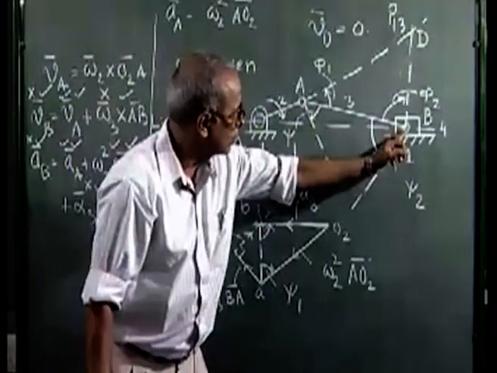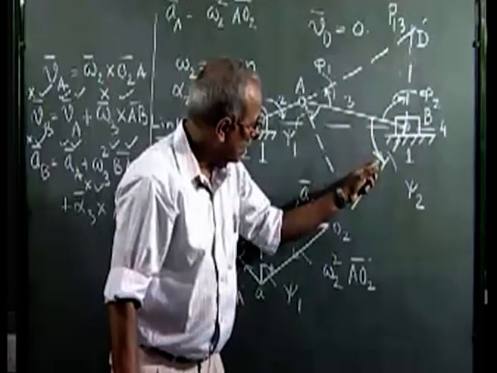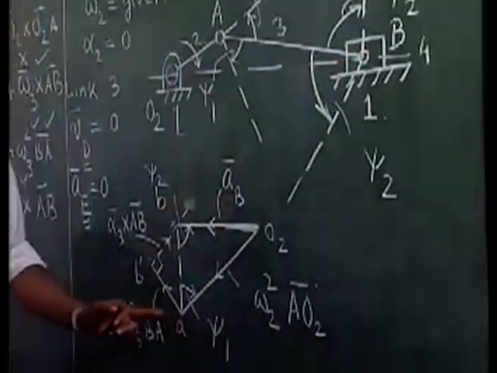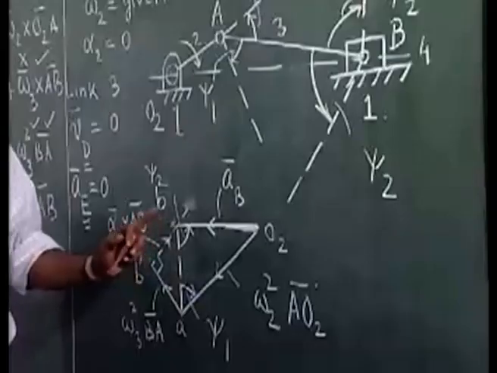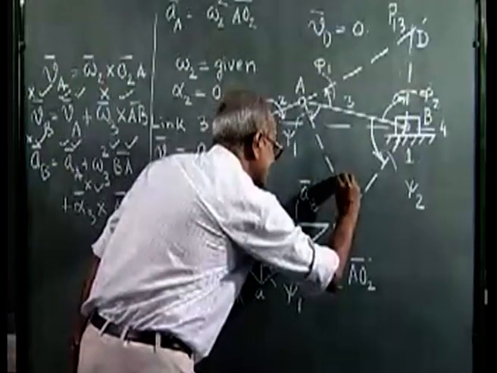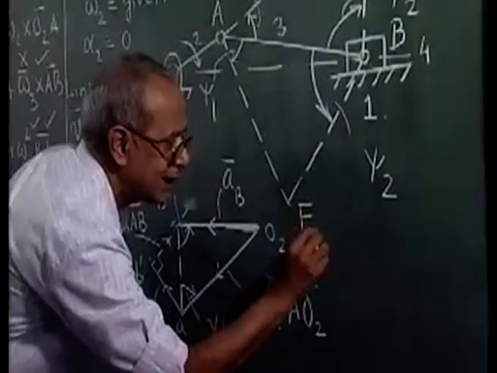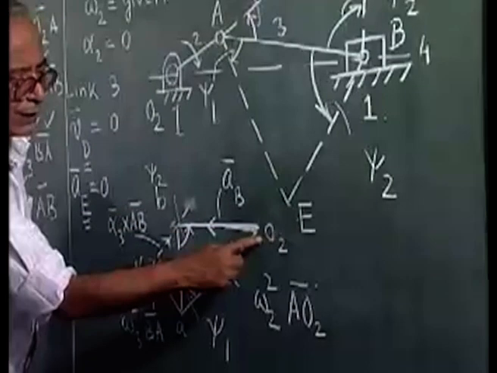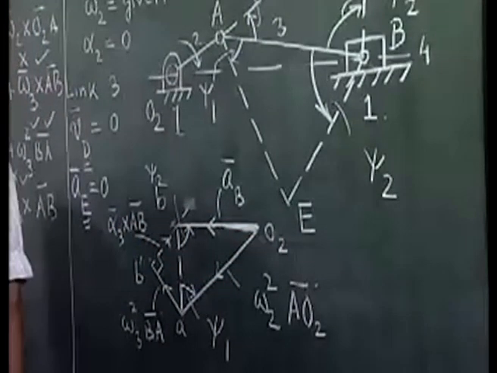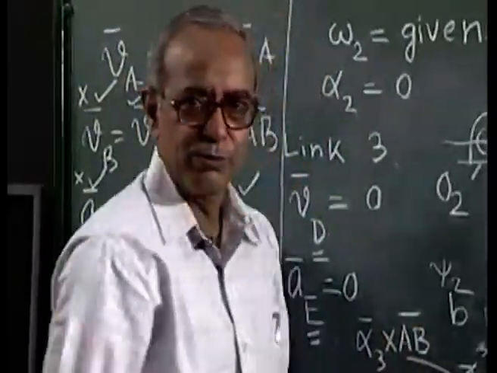So here I draw at capital B a line which is oriented at an angle psi 2 from capital AB. The correspondence between the small letters and capital letters should be noted. Where these two lines intersect, that gives me the point E, such that image of the point E is O2, which means that the acceleration of the point E belonging to link 3 at this instant will be 0.